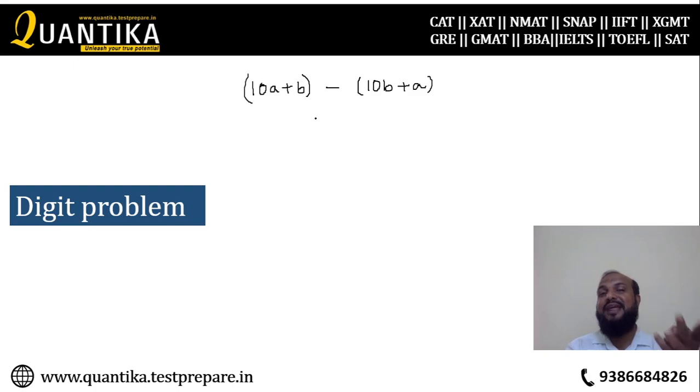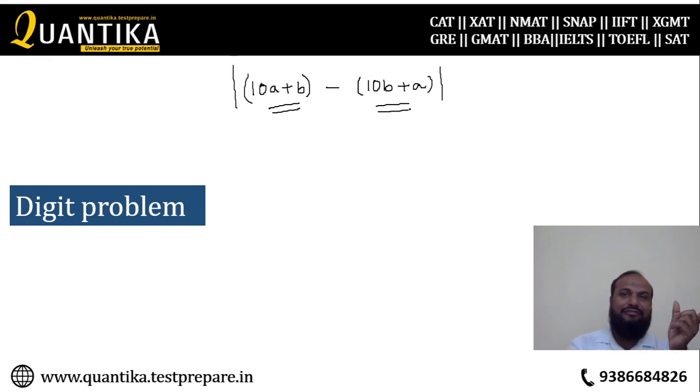When I say difference, the answer should not be negative, because the larger will subtract the smaller from it. Or you can take a modulus function outside. So this is the original number, this is the reversed number. Have you seen that 23 and 32 example? When I say the difference, it will be 32 minus 23 and not the other way around.